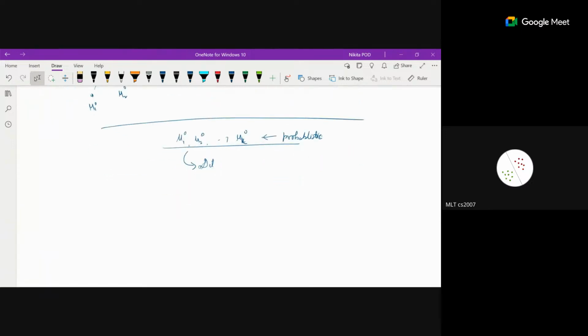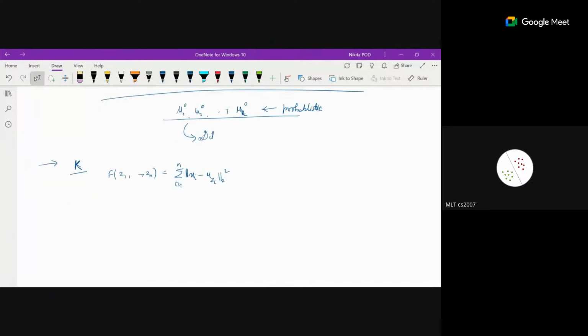Okay, now what we are going to look at is how we should choose the K. Someone had already asked in the starting how we decide what K we should go for. We wanted to minimize this function over z1 to zn, which was the norm of xi minus mu zi squared.